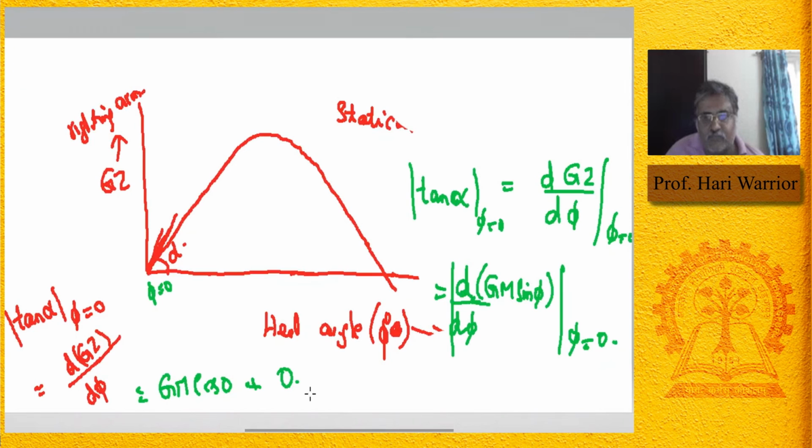Sine 0 is 0, that's why I'm putting this second term as 0. This is equal to GM. So what you're getting is that the slope of the curve at phi equal to 0 is equal to GM divided by 1.